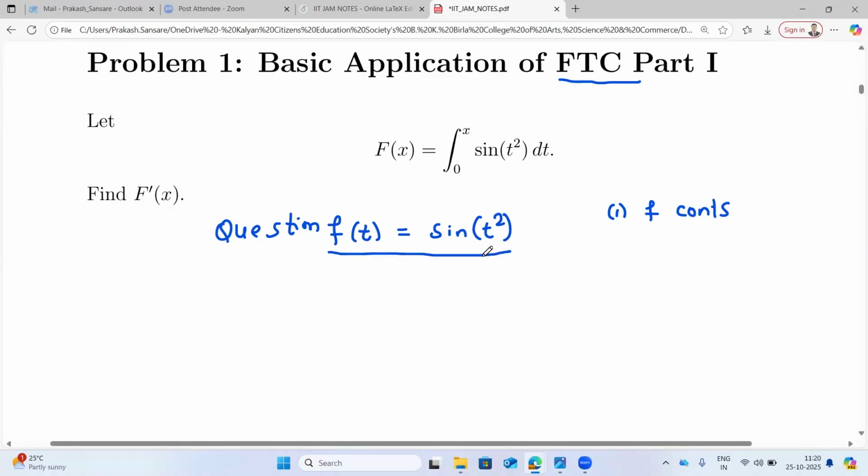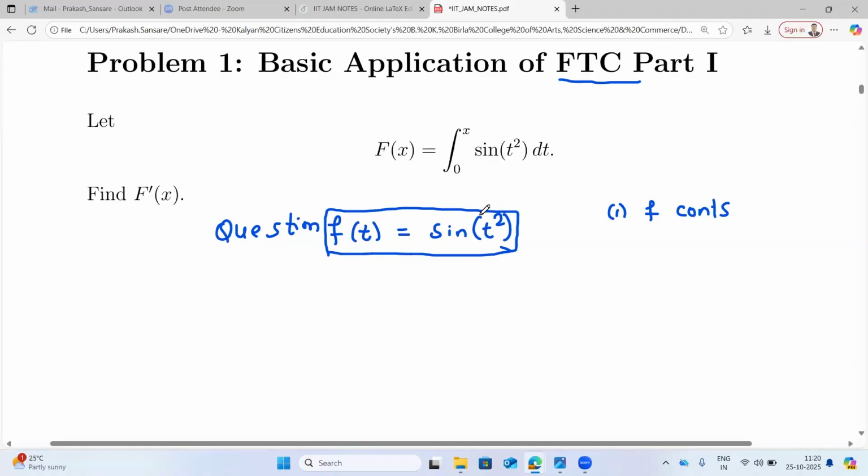Yes, it's continuous because being a trigonometric function, it's continuous. One can also see the graph of sine.